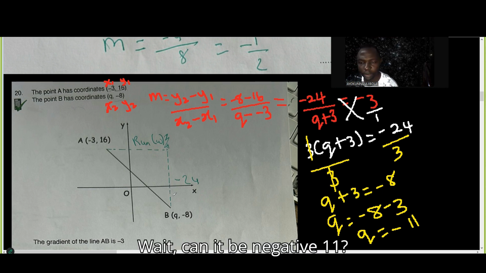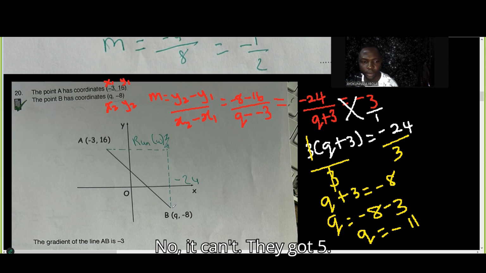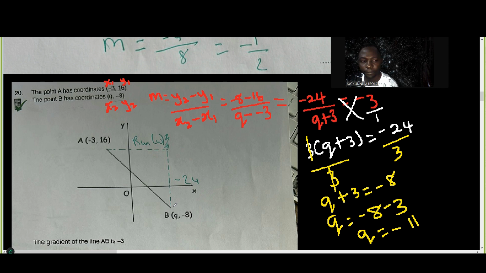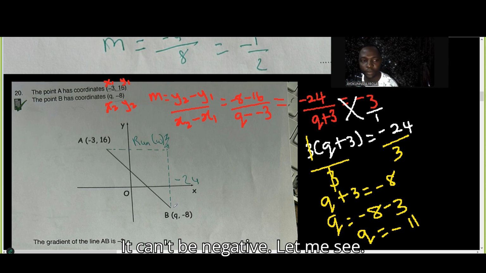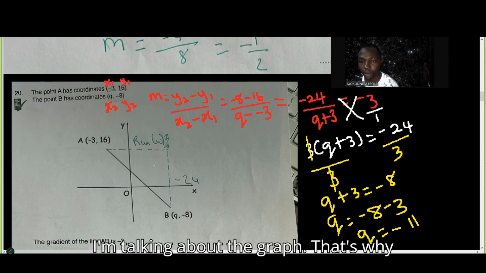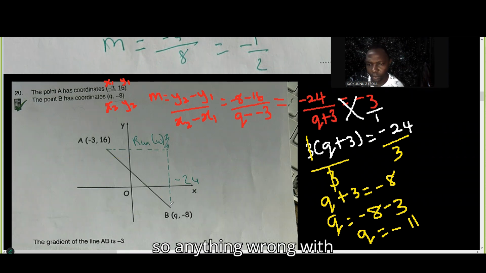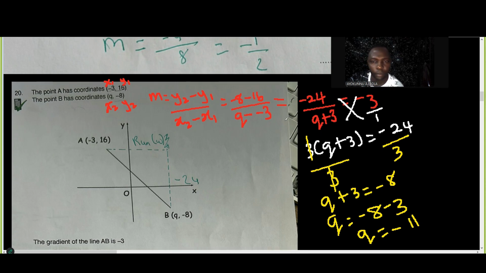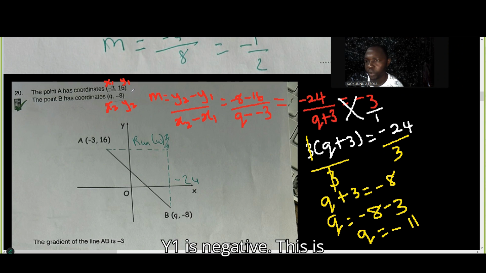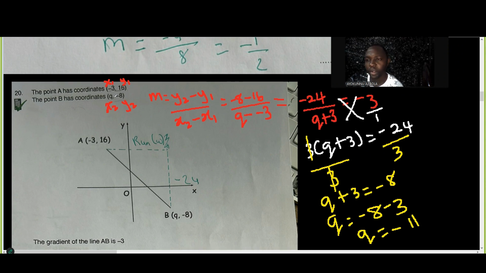Wait, can it be -11? It can be negative, they've got negative 5. I'm talking about the graph. That's why I'm saying it can be negative. Okay. So, was anything wrong with this? Let me see. We get y2 is -8 and y1 is 16.